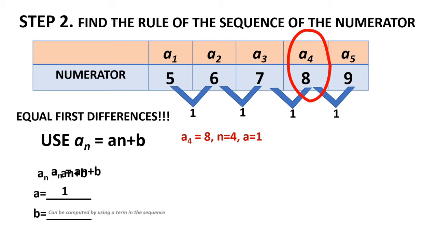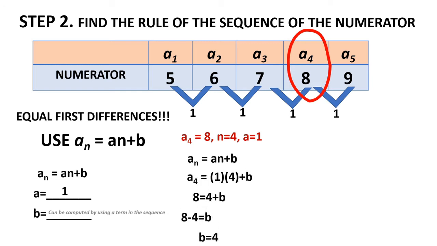Using the rule, a sub n is equal to an plus b, and substituting the given, we have a sub 4 is equal to 1 multiplied to 4 plus b. So a sub 4 is equal to 8, and that is equal to 4 plus b. And doing the addition property of equality, we can solve for b, and b is equal to 4. Ang value ngayon ni b ay 4.